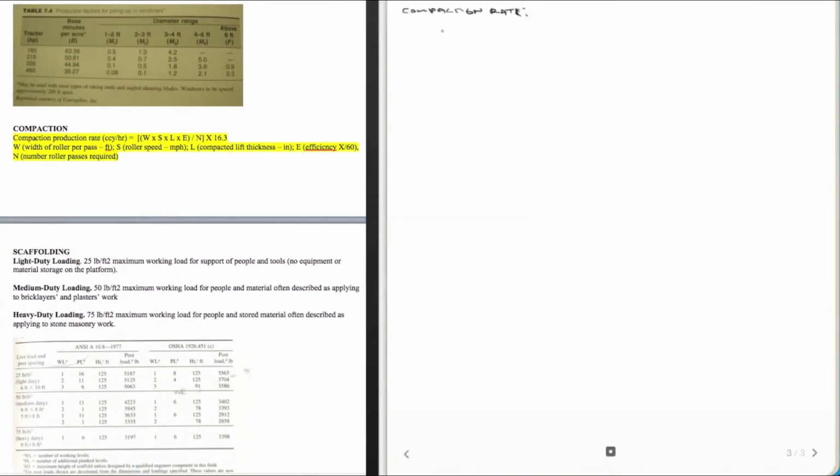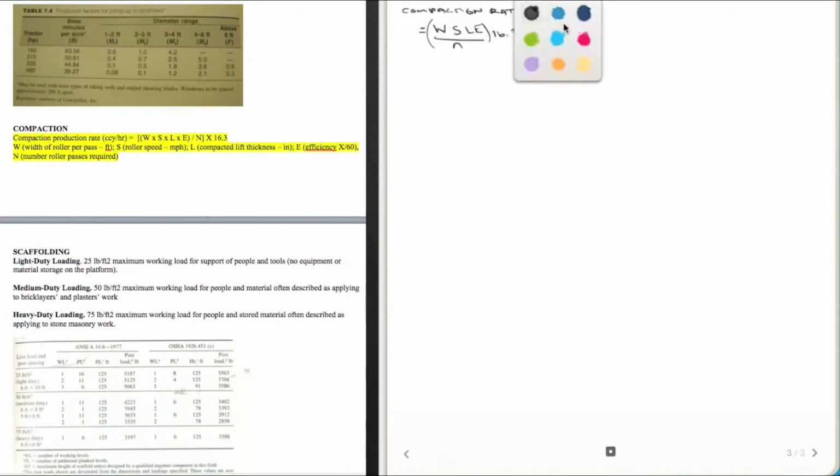So using our equation, it is equal to W S L E over N times 16.3, knowing that our W is 8, our S is 8, L is 6, and E is 50 over 60, N is 4, we can just plug all those values in.